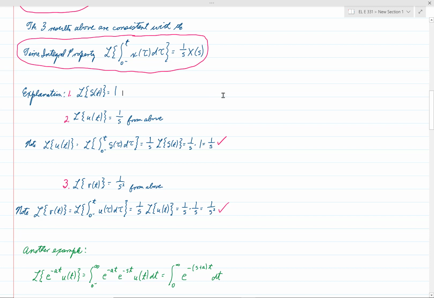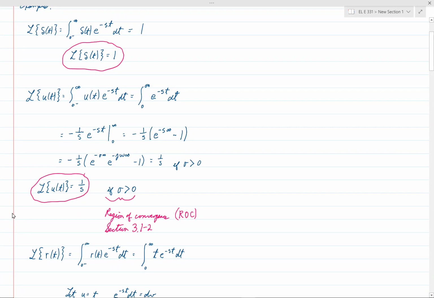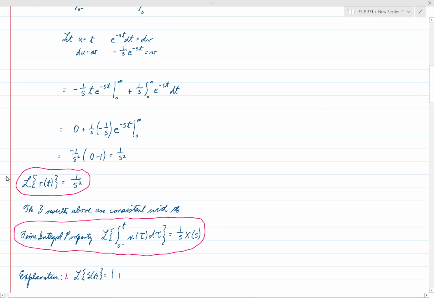So we now have three Laplace transforms: the Laplace transform of delta of t, the Laplace transform of u of t, the Laplace transform of r of t, and now we have an important property, the time integral property. And before I go any further, let me say that this is the idea with Laplace transforms. You build up a table of knowledge.